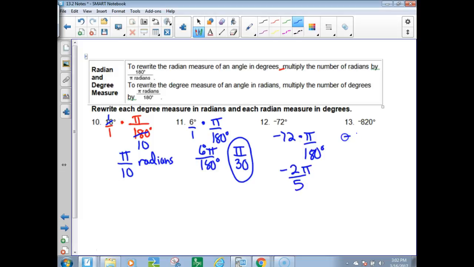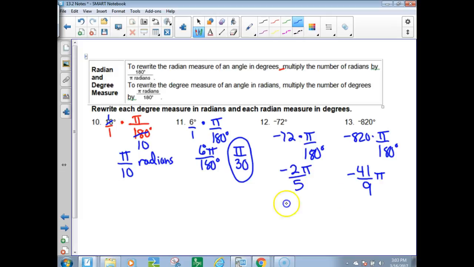All right, calculate the next one. 41 pi over what? 9, 41/9 pi.